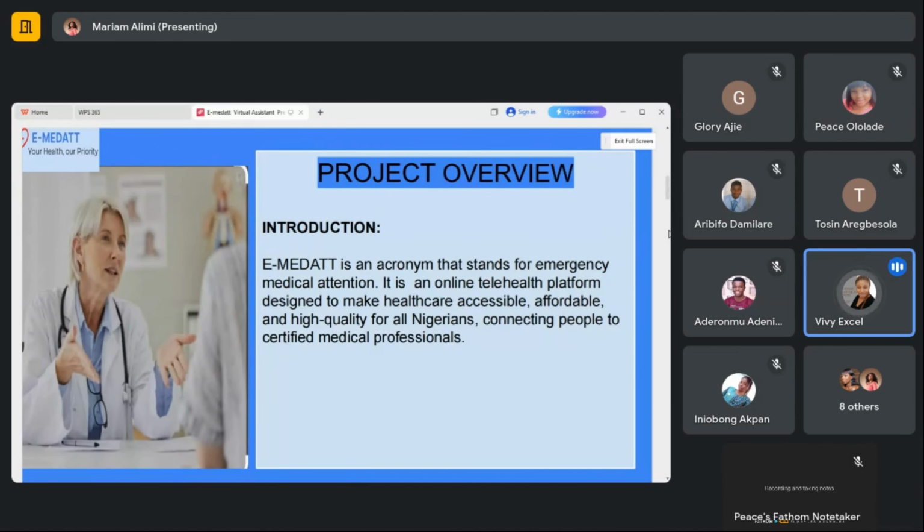This is the project overview, and we are working on Imedat, and the acronym stands for emergency medical attention. It's an online telemedicine platform where everyone can access affordable health care. Please move on.